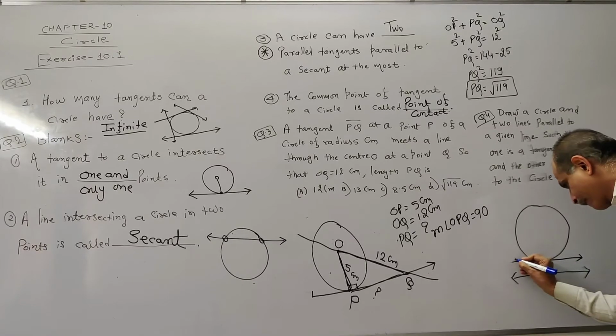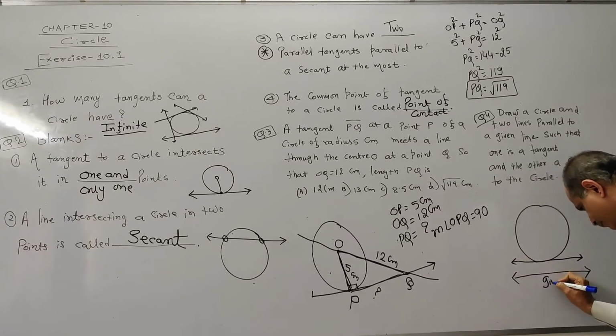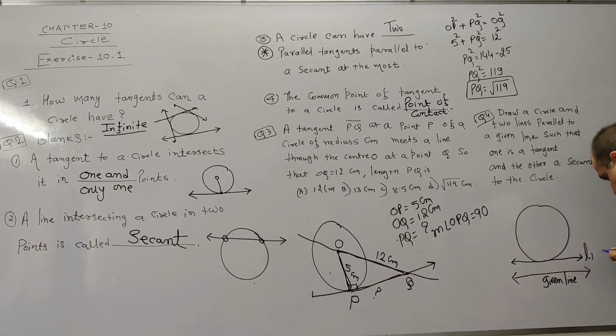See, this is the given line. This is the required line L1 which is a tangent of the circle. And the other is a secant of the circle. So let me draw the secant of the circle. So L and M are the two required lines, which are parallel to the given line.